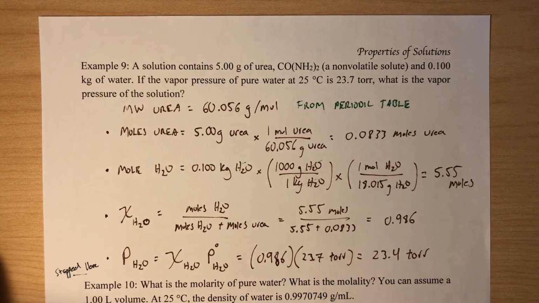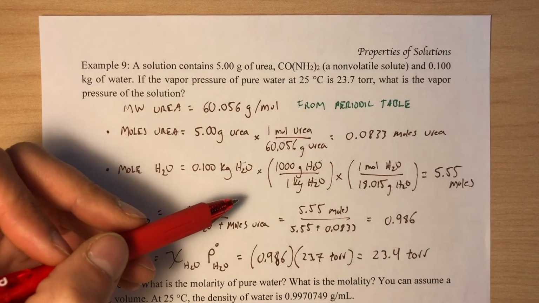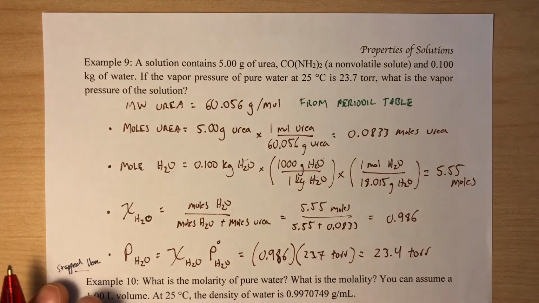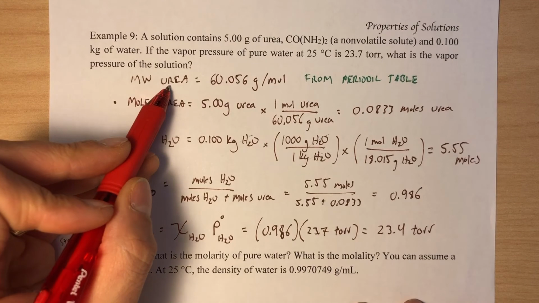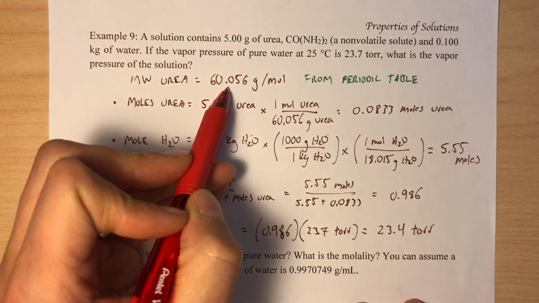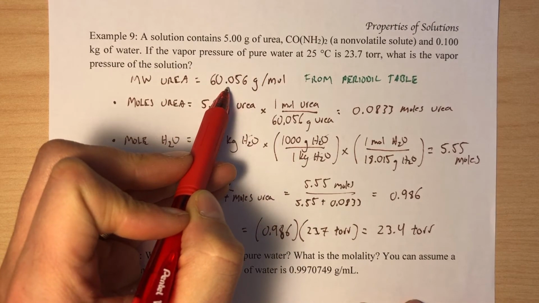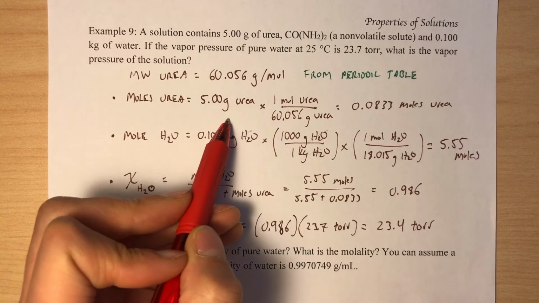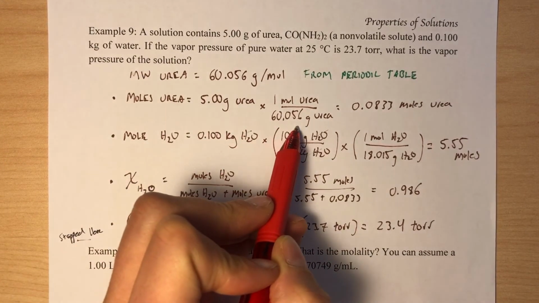So what we first need to do is get all of this into moles, because what really matters for this problem is the mole fraction. So we have molecular weight of urea is going to be equal to 60.056 grams per mole, again from the periodic table. The moles of urea can be calculated by taking the grams of urea times 1 over the molecular weight.